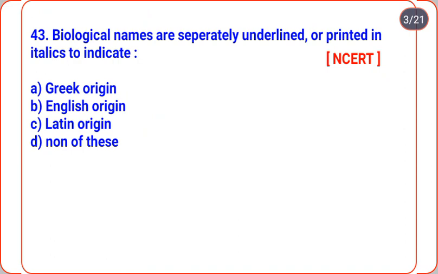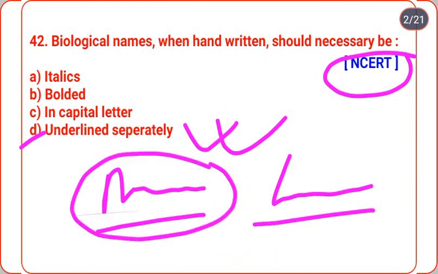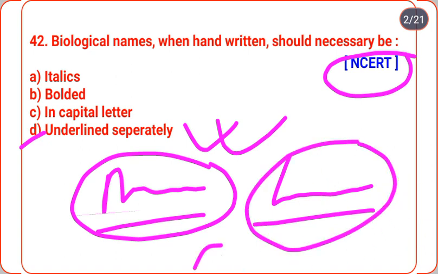Question number 43. Biological names are separately underlined or printed in italics to indicate option A Greek origin, option B English origin, option C Latin origin, option D none of this. We repeat the question. In the previous question we have seen genus and species.